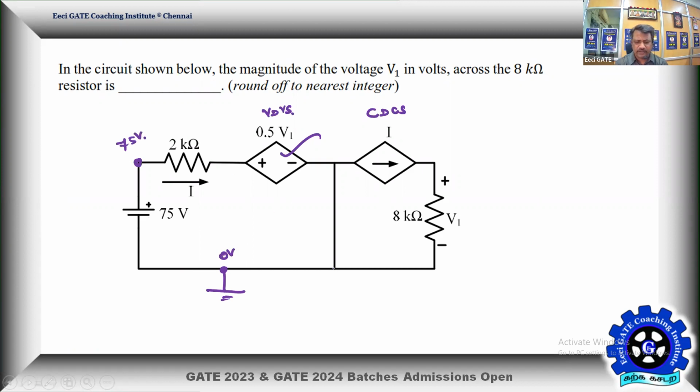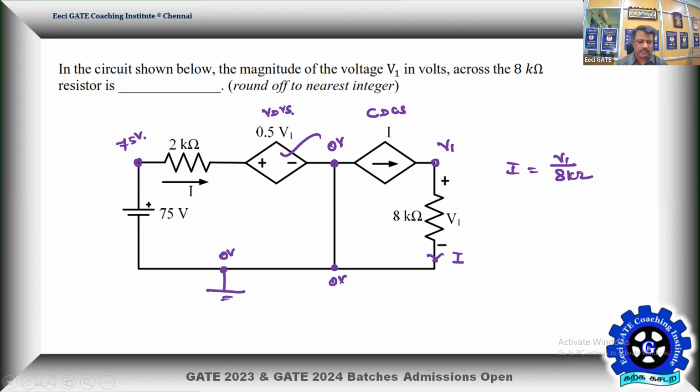And since it is 0, this is also going to be 0. If that is the case, this point will be equal to 0 volt. That means this point is going to be, assuming potential rises by V1, this point will be V1. Okay, so therefore I can say the current I is equal to, so V1 is falling across 8K. So I can write one equation as I is equal to V1 by 8 kilo ohms.